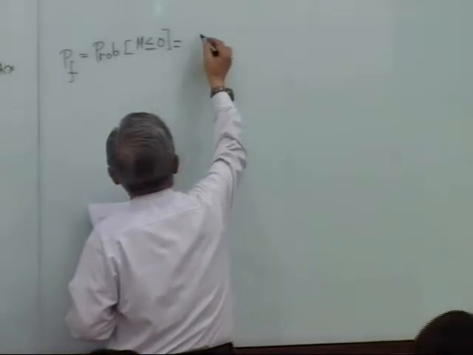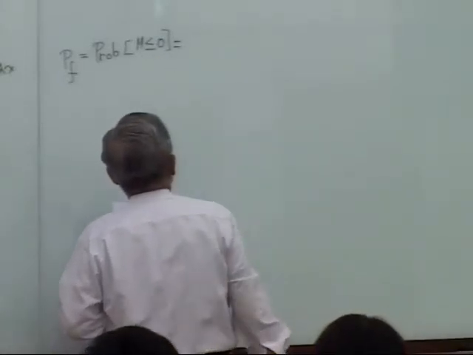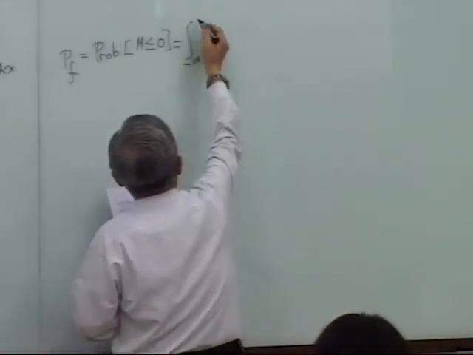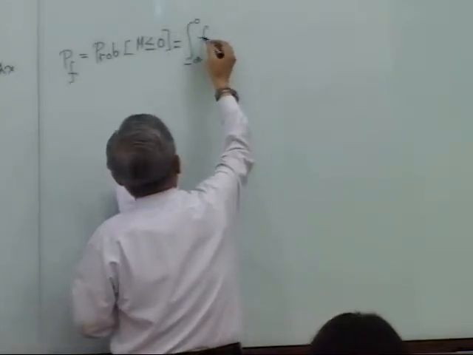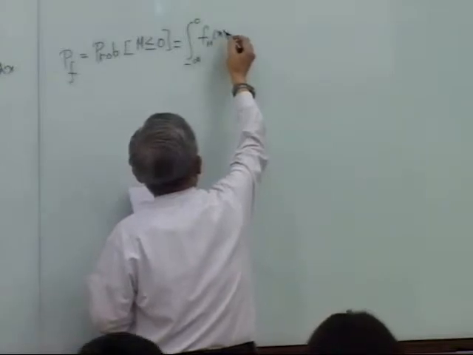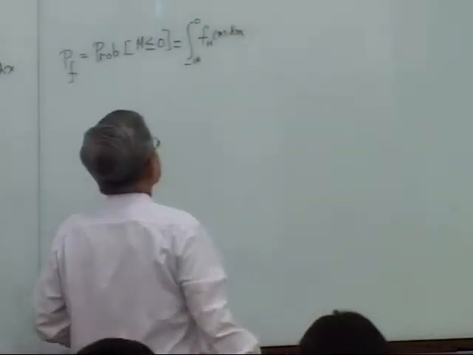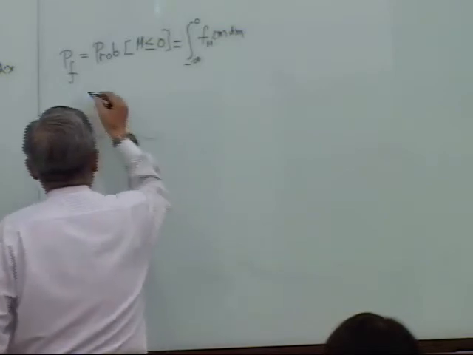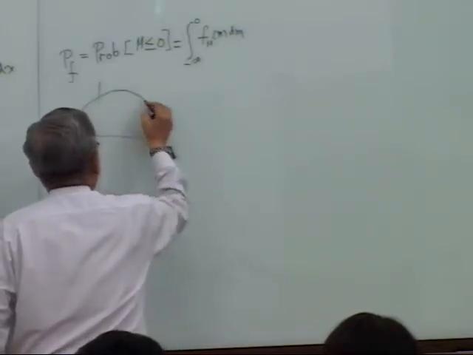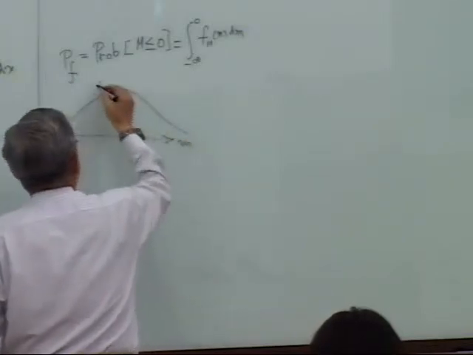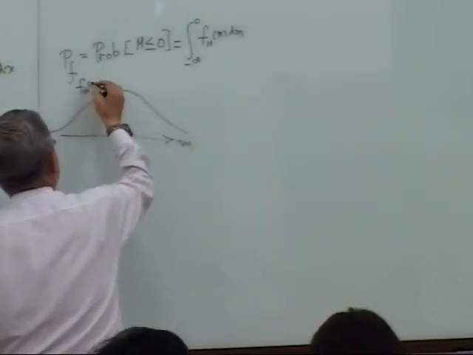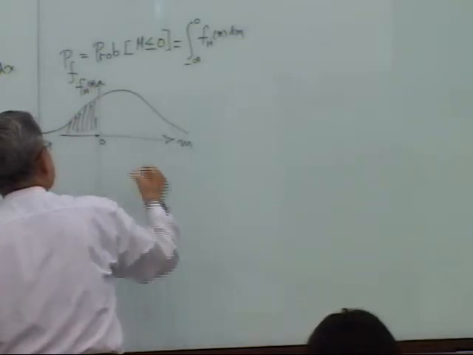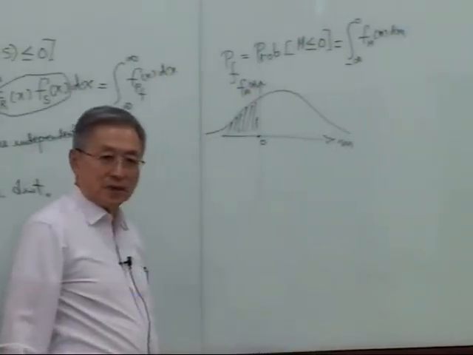And since M follows the normal distribution, this is equal to the integral from minus infinity to 0 of f_M(m) dm. It is the integration up to the 0 point, and that is the probability of failure.